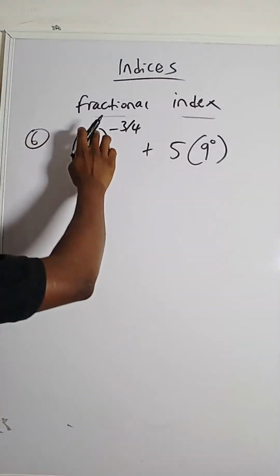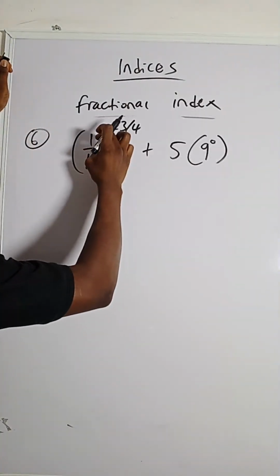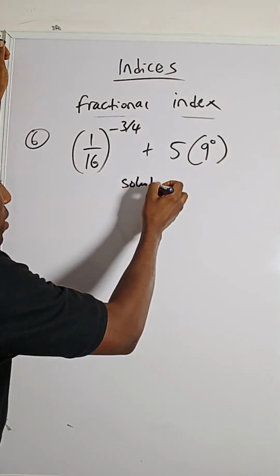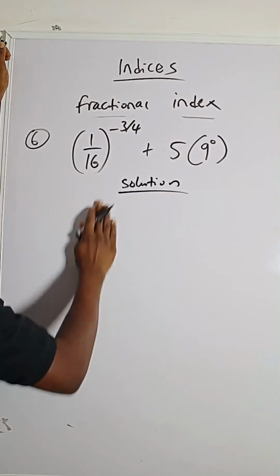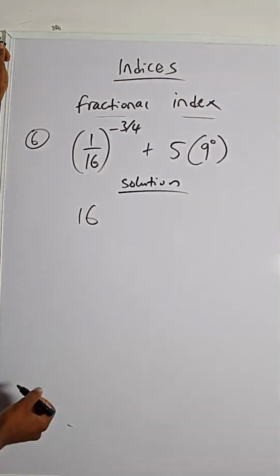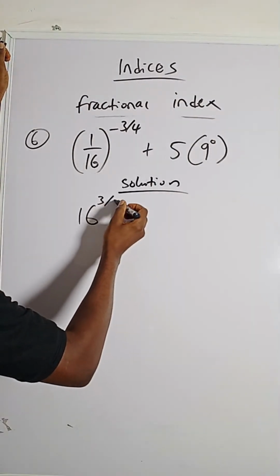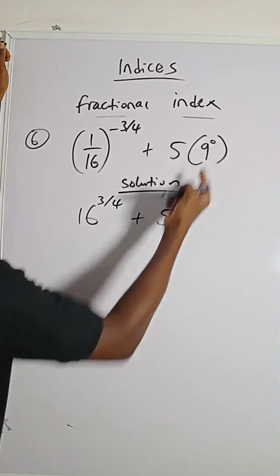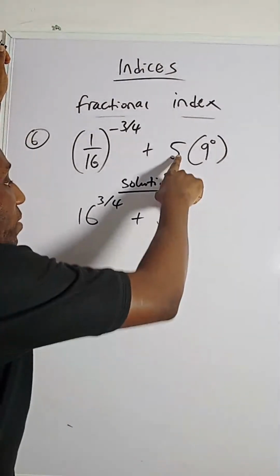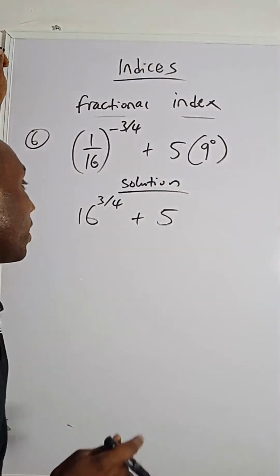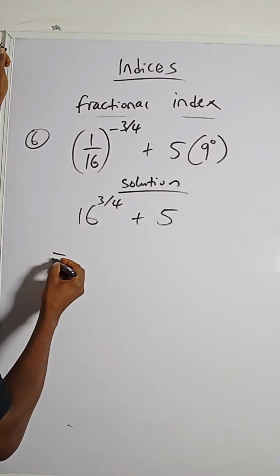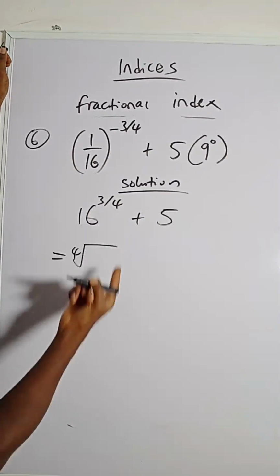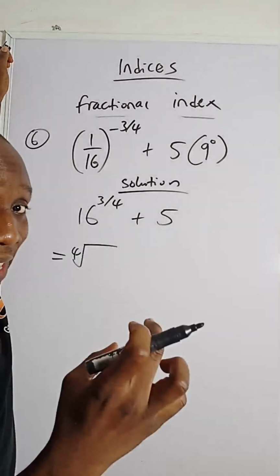Okay, somebody has already given me the answer. Isn't that beautiful? So see, this negative sign will take the reciprocal of 1/16, giving you what? Just 16. So this is going to be 16, all right? Raised to the power of 3/4 plus 5. See this, 9 raised to the power of 0 is 1, and 1 times 5 is also 5. Hope that's clear. So here we have what? The fourth root. Why? Because this is the denominator of the fractional index.